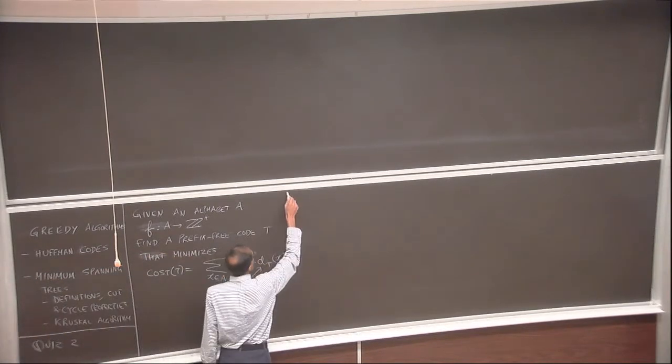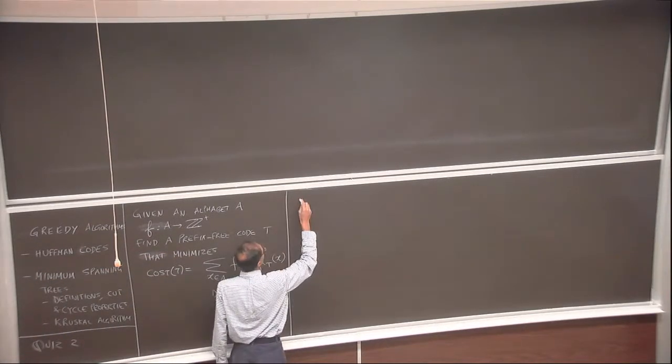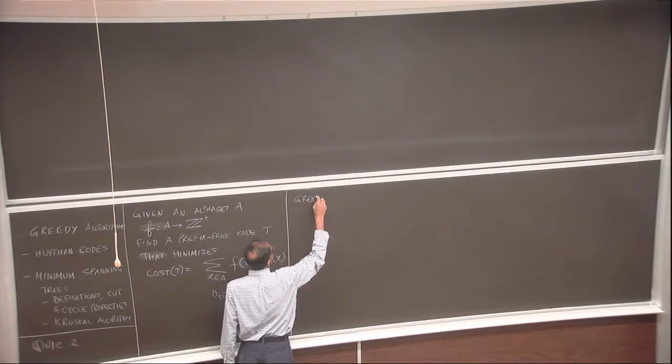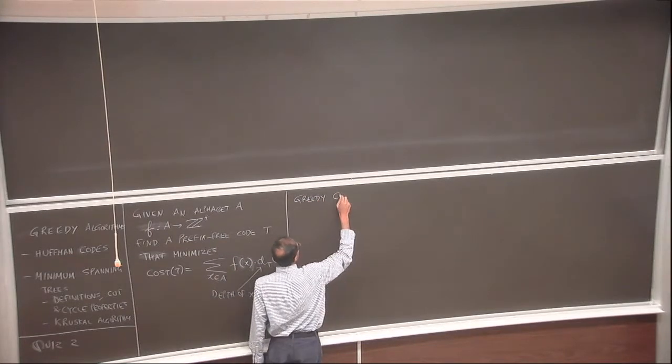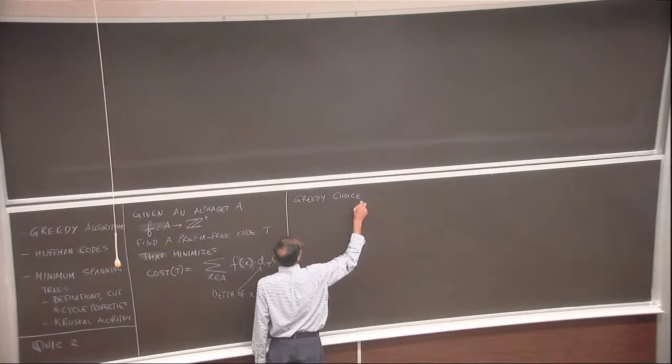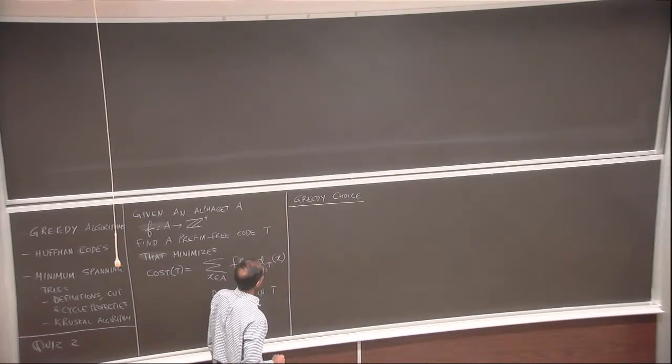So one of the first things we will argue, and we mentioned this last time, let me call this the greedy choice property.